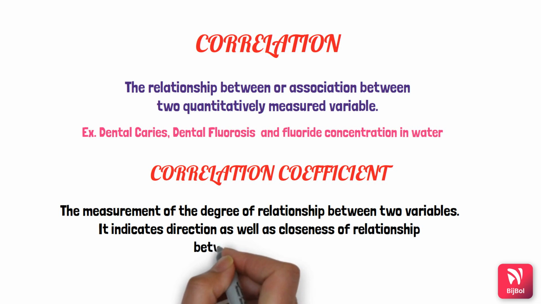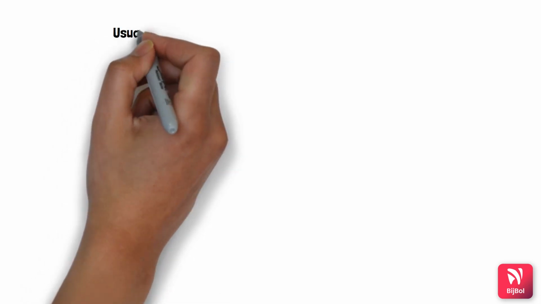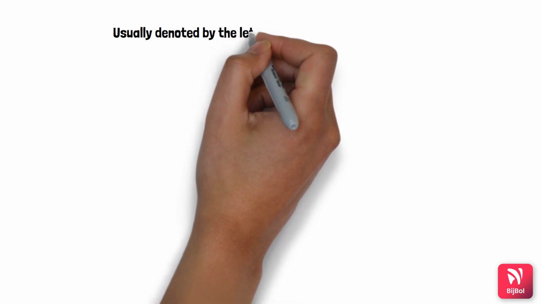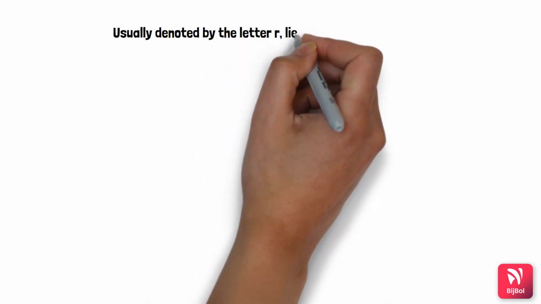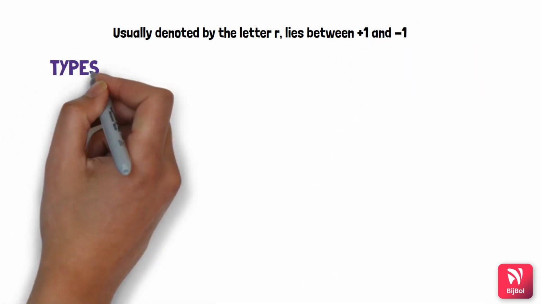Based on the correlation coefficient, you can tell how close the association is between the two variables. It is generally denoted by the letter R, and the value of R lies between +1 and -1.